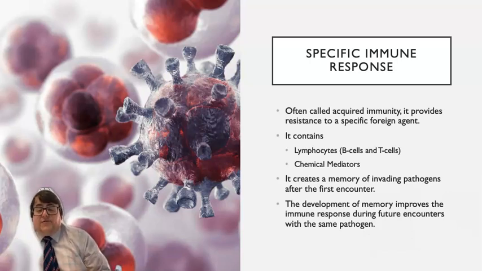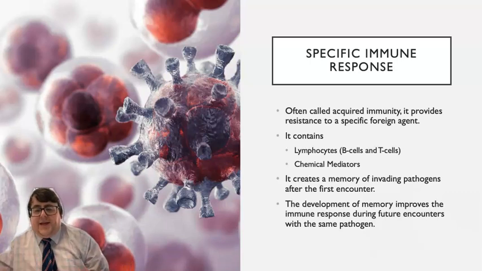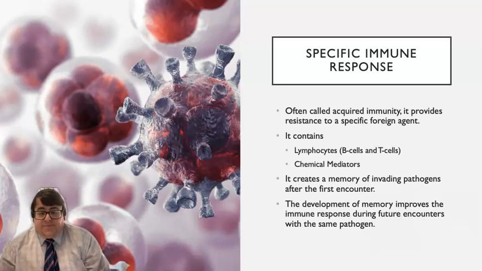Once it does this, it also creates memory cells of invading pathogens, so once you've encountered them the first time, you won't get sick from them the second time because your body has memory of how to fight it off, and it can fight it off before you get sick again. So the memory cells are just there essentially to improve your immune response with future encounters.